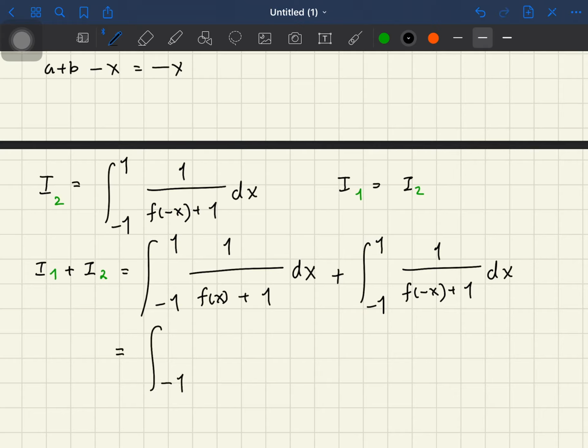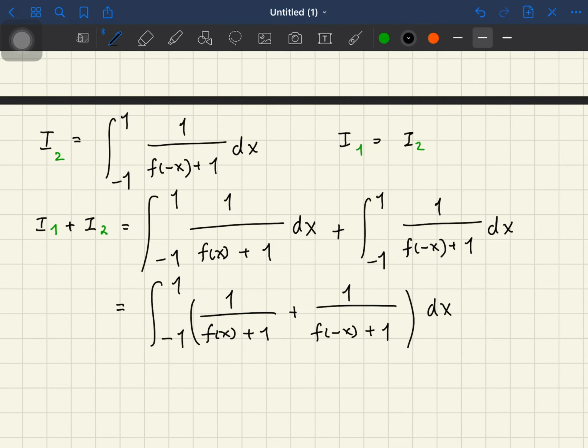So it's -1 to 1 of 1 over f(x) plus 1, plus 1 over f(-x) plus 1, the entire fraction with respect to dx.